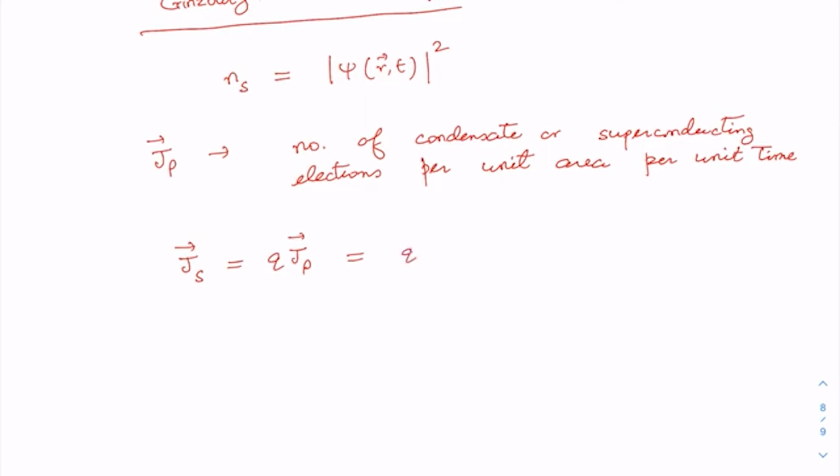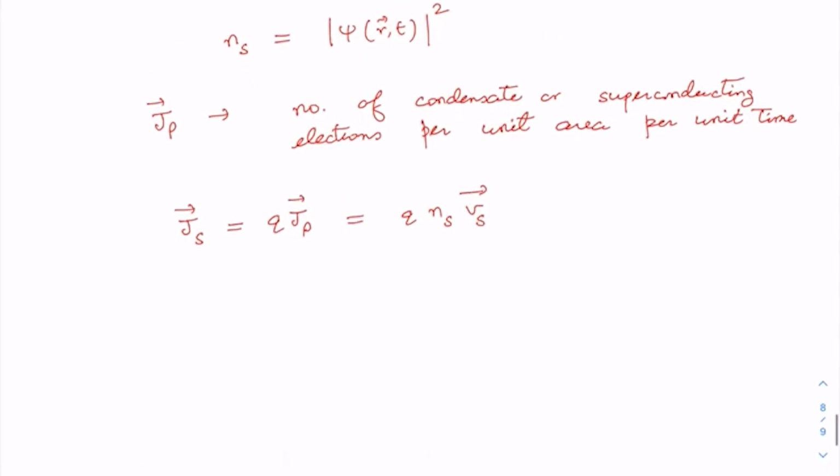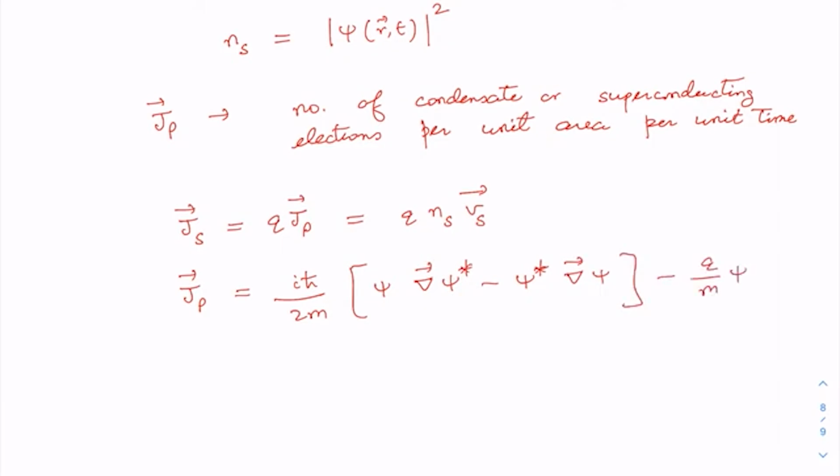So that would be q, the charge, into ns into the velocity of the super electrons. So what we can now work out, because we have J rho equal to i h cross by 2m, psi star grad psi minus psi grad psi star, minus q by m psi star A psi.